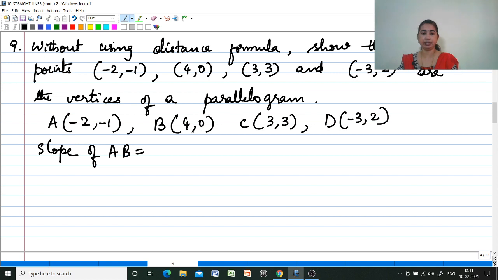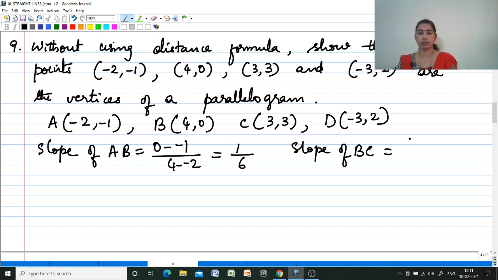y2 minus y1, that is 0 minus minus 1, divided by 4 minus minus 2, that is 1 by 6. Same way, slope of BC is equal to 3 by (3 minus 4), that is minus 3. Now, what is the slope of CD?